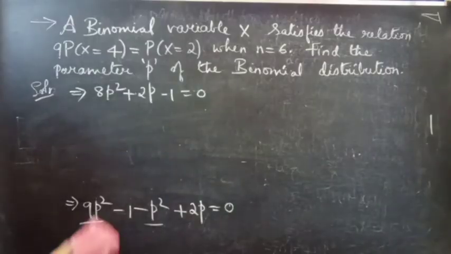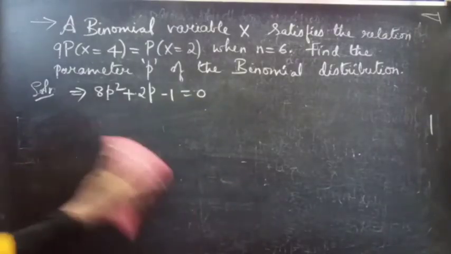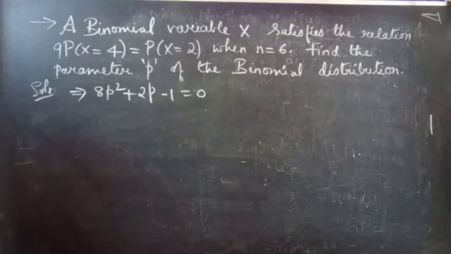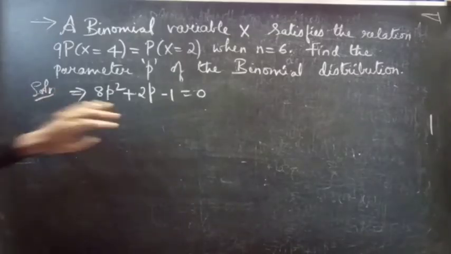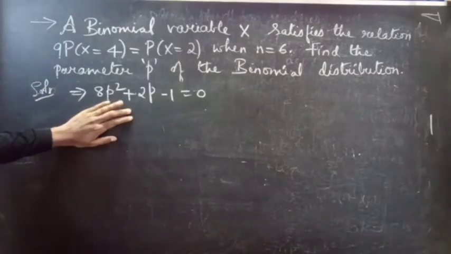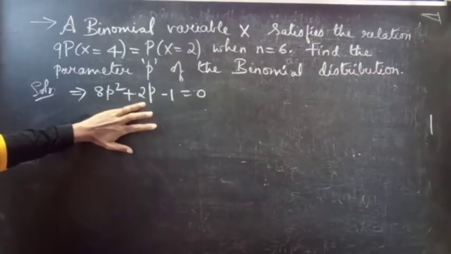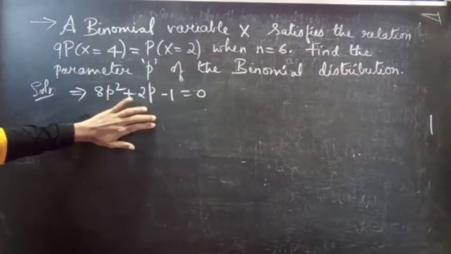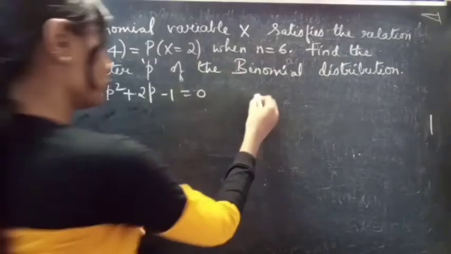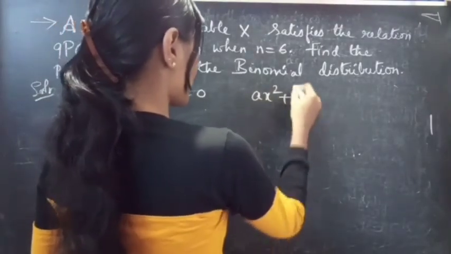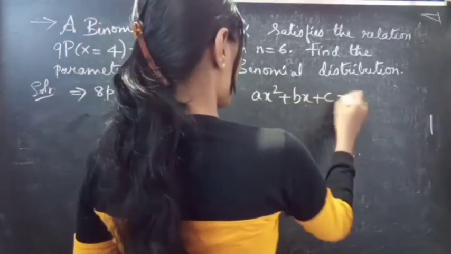Now we have to find the value of p. How can you find the value of p? Since this equation is a quadratic expression, this is a quadratic equation of the form ax square plus bx plus c equals 0.